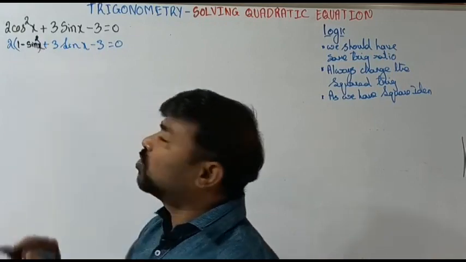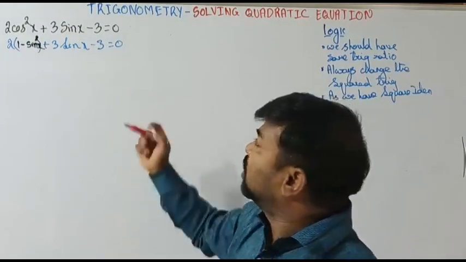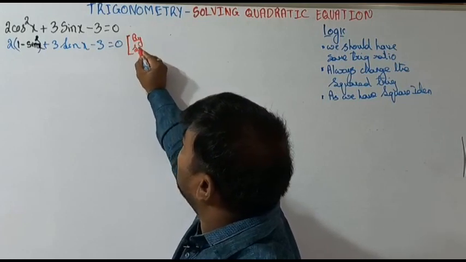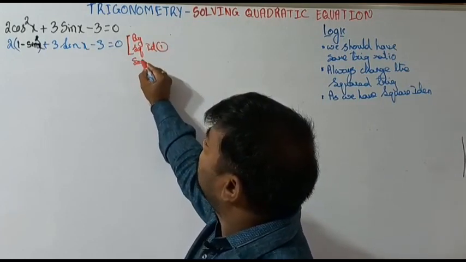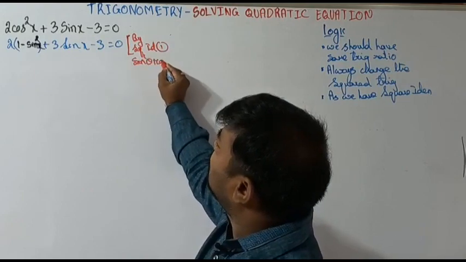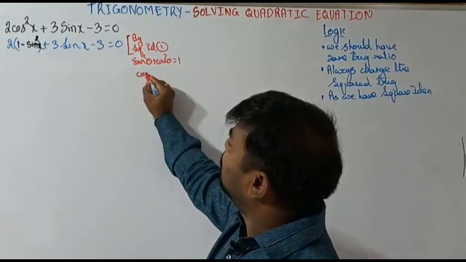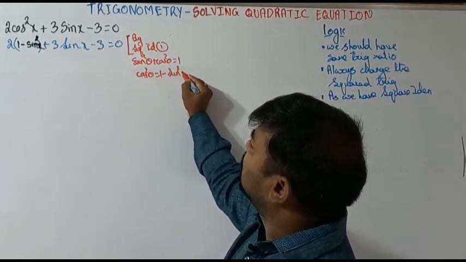Because of square identity 1: sine square theta plus cos square theta is equal to 1. We know that. So, what is cos square theta? Cos square theta is nothing but 1 minus sine square theta.